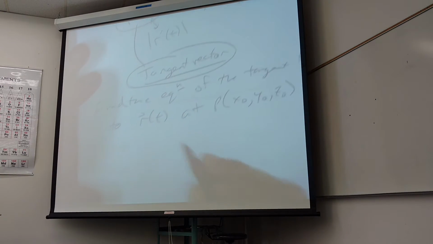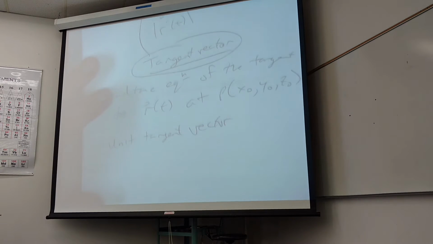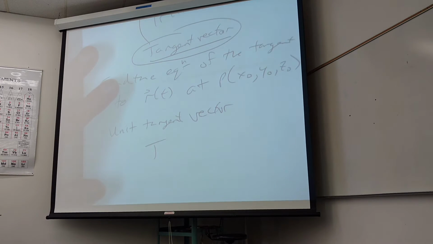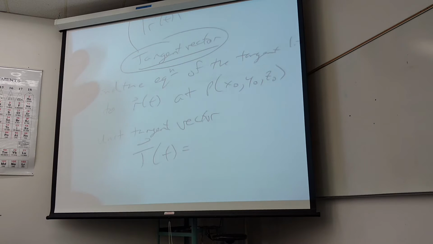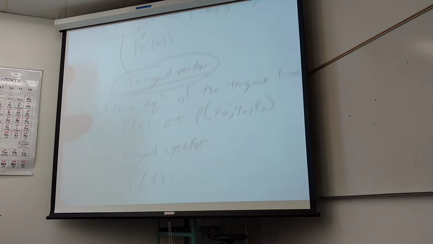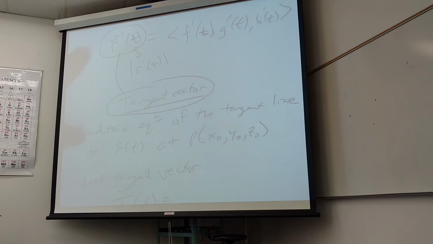We did talk about the unit tangent vector before. That was represented by a big T. Now hopefully, even if you forgot how to get this, I've got the parts we need there. How would you get the unit anything vector? You would take the vector itself divided by its length.